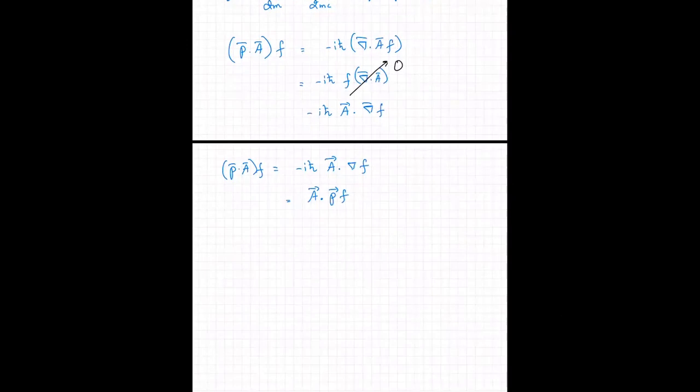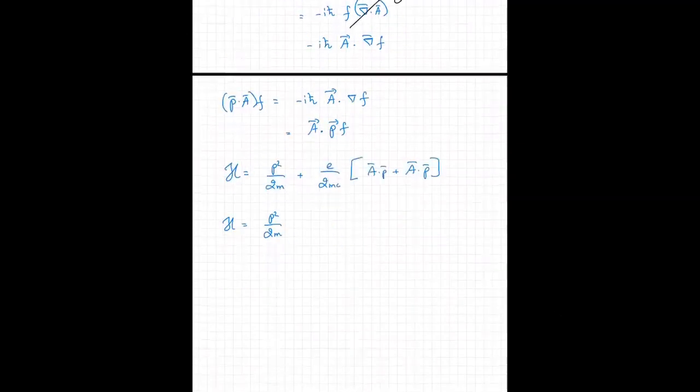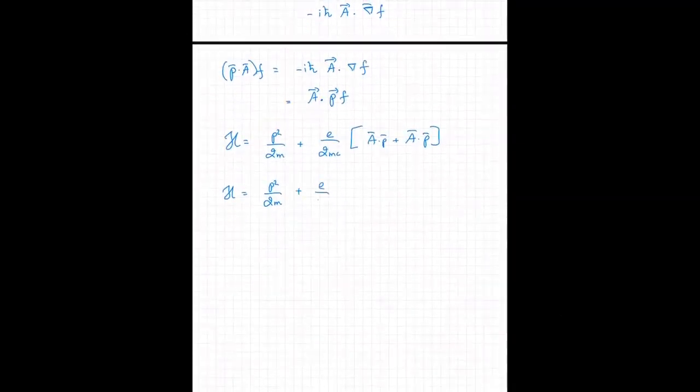So I can use this in the Hamiltonian, H, which is equal to p squared over 2m plus e over 2mc times (A dot p plus p dot A). Okay, so basically my H is now given by p squared over 2m plus e over mc A dot p.